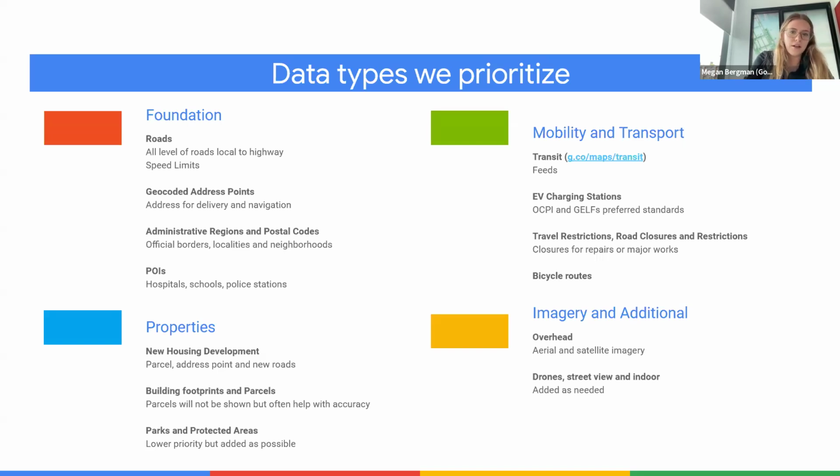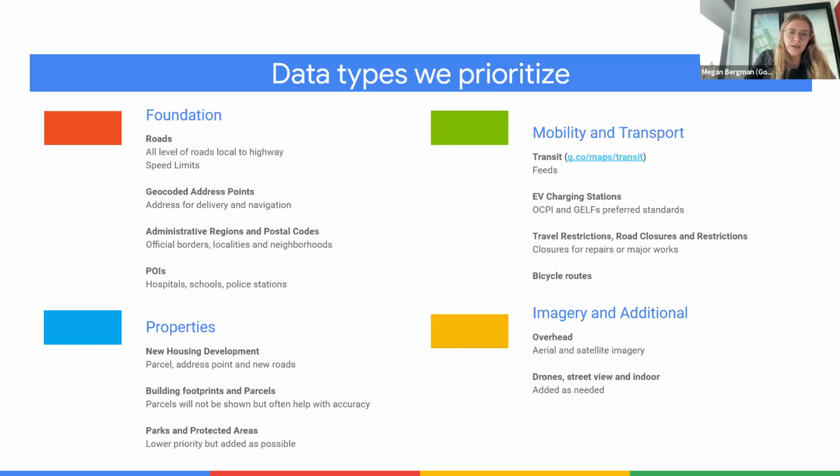We're working on unlocking this to be more helpful in the future for GMCP. Travel restrictions, road closures, and restrictions you can also send through Google Maps content partners. But if you have anything that's more of a road closure feed, that's when we'd want to direct you towards the Waze side of things. And Andrew will talk about that in just a minute.